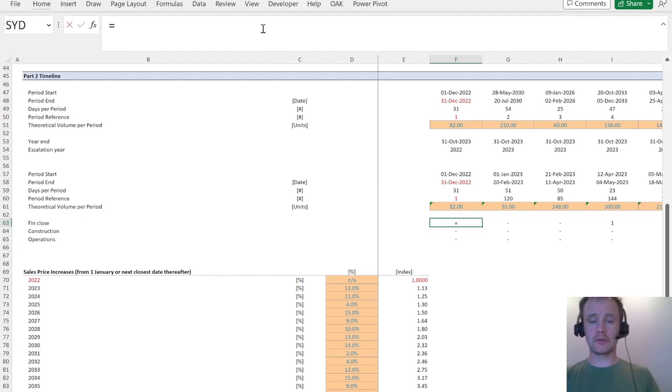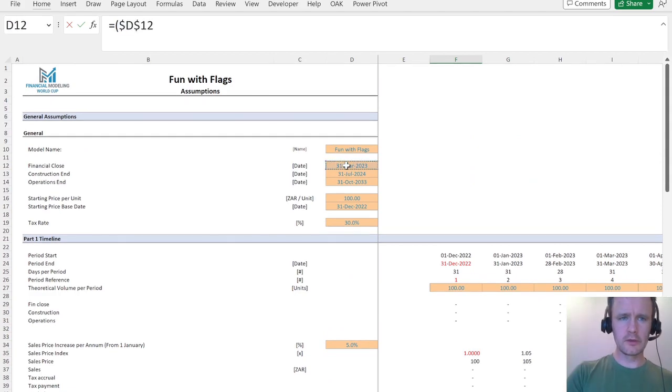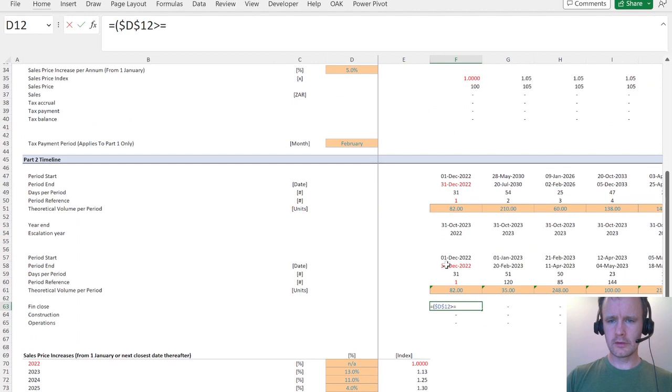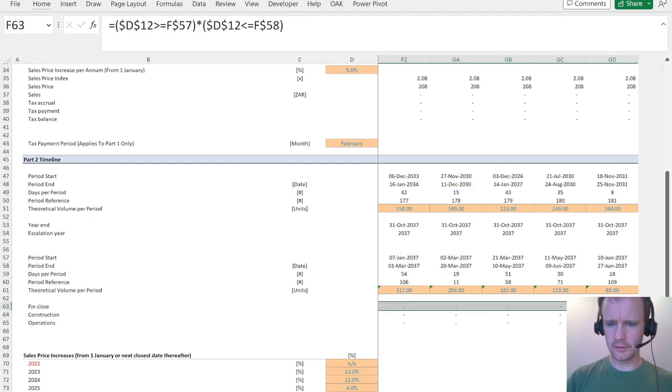So I want financial close is still the same date. It has to be greater than or equal to the start date, and $D12 has to be less than or equal to the end date. That should be it. And the key thing is it just gives me 1.